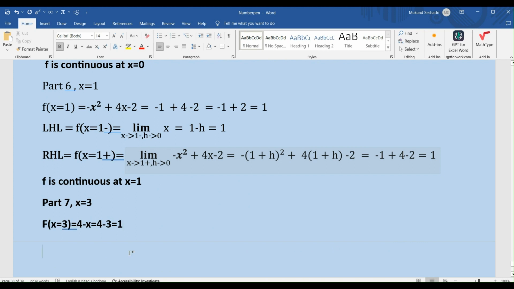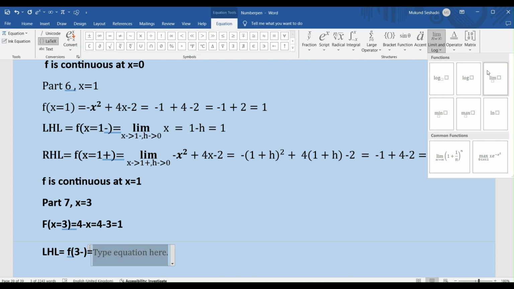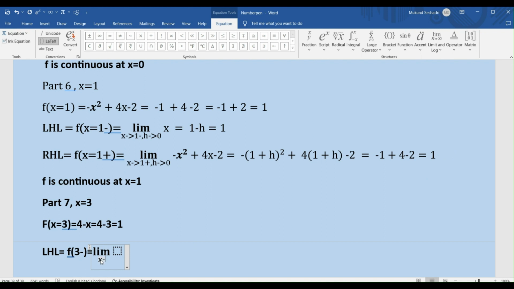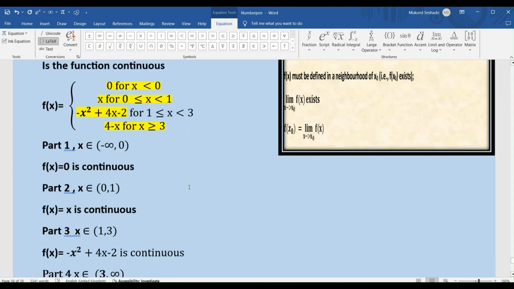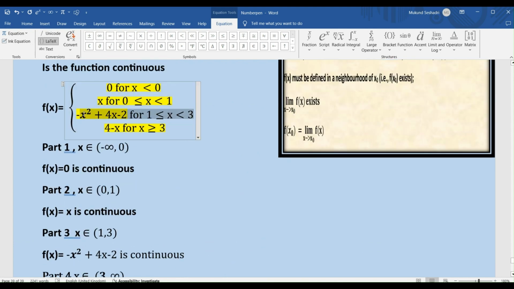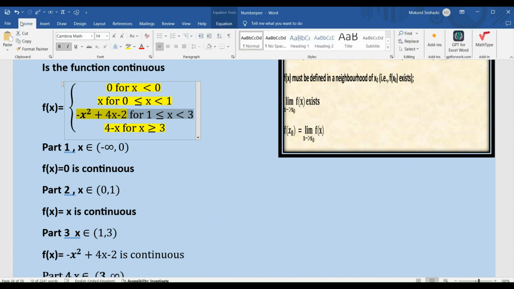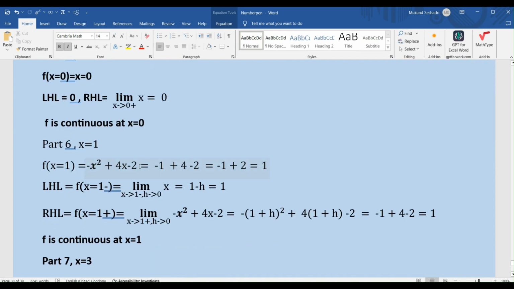And let's do our LHL, which is nothing but I approach 3 from the left. I call out my limit function, and I'm going to approach 3 from the left, which means it is 3 minus. And approaching x from the left, what is that function? It is going to be this function, because this is the function which is applicable for all values lesser than 3. So we will have to use this function to evaluate the limit.